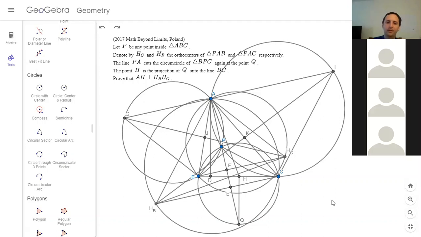I'm still thinking about trying to use the Pythagorean theorem. But yeah, I don't know how to get h to be h squared.